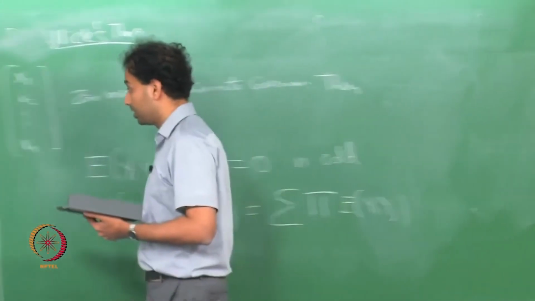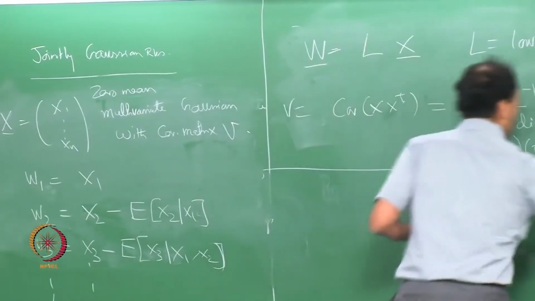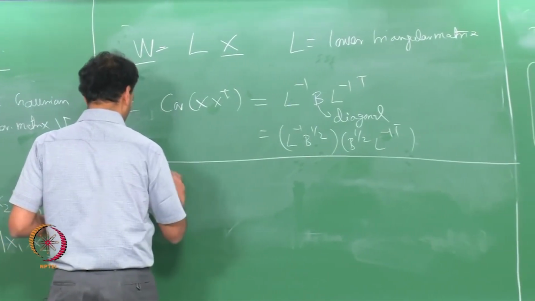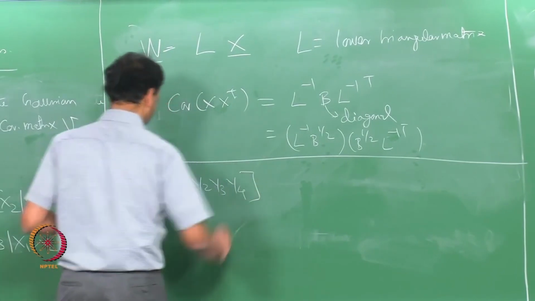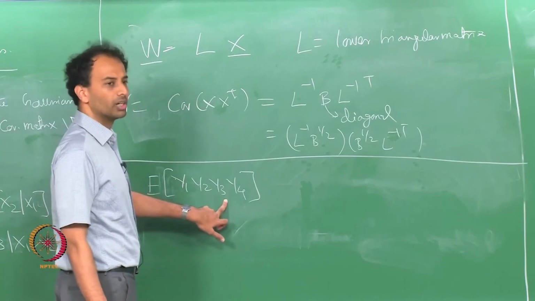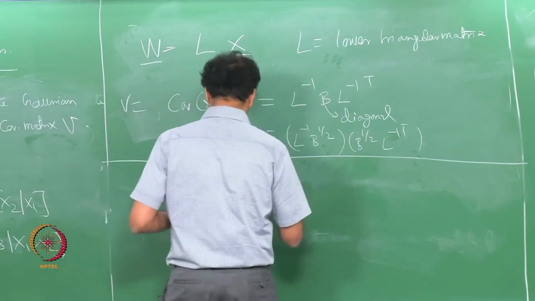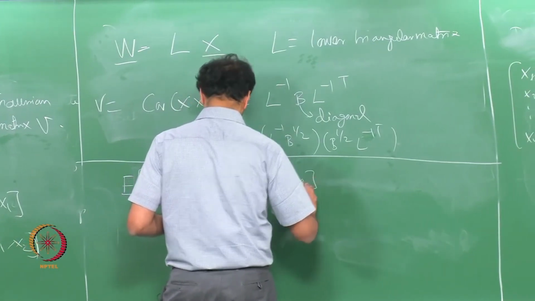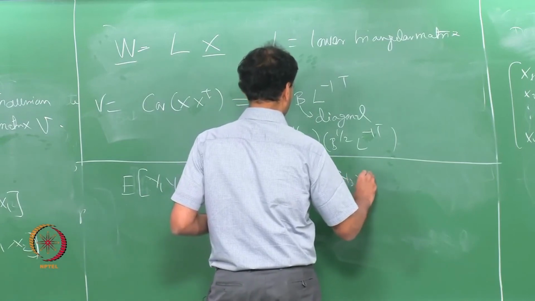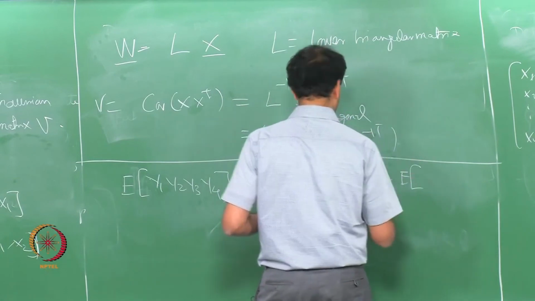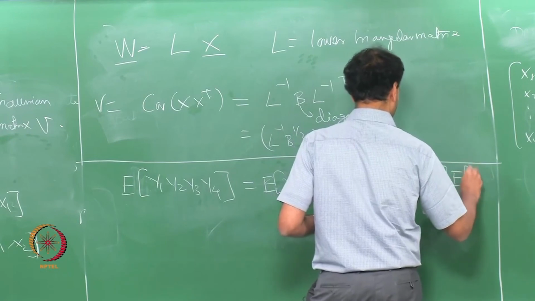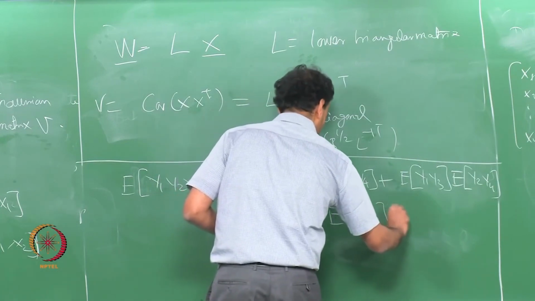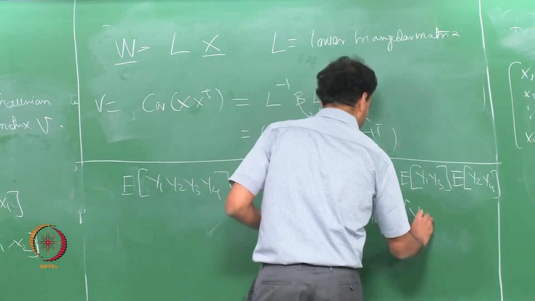For example, if you want to compute the expectation of y1 y2 y3 y4, even with repetitions, where y1 could be x1 and y3 could also be x1, this will simply be expectation of y1 y2 times expectation of y3 y4, plus expectation of y1 y3 times expectation of y2 y4, plus expectation of y1 y4 times expectation of y2 y3.